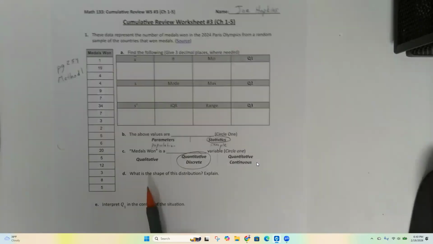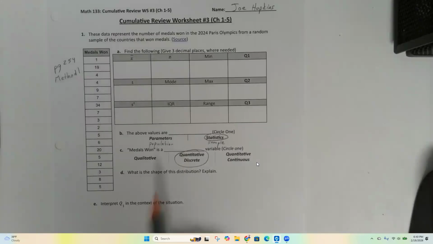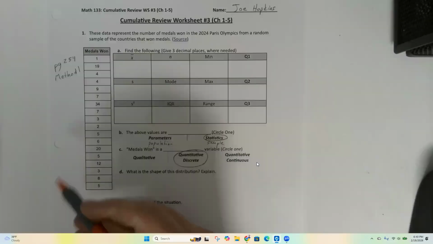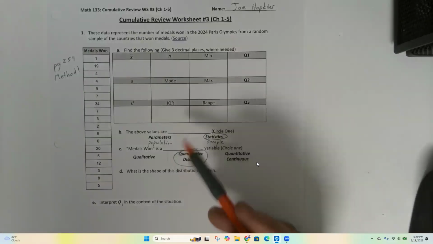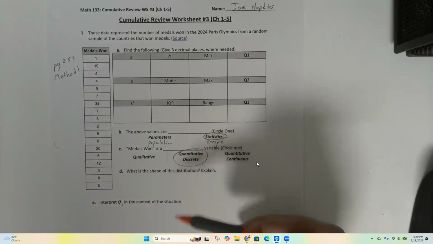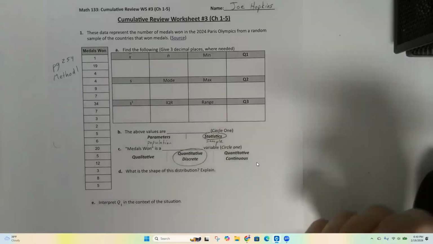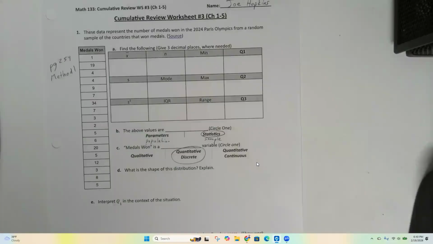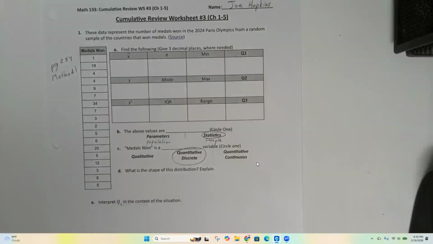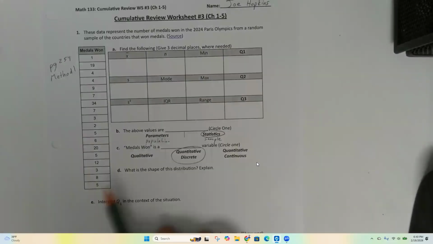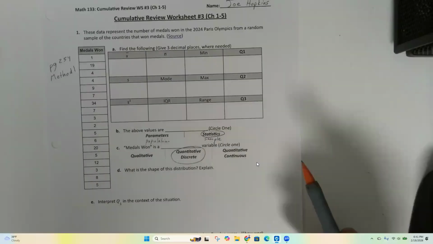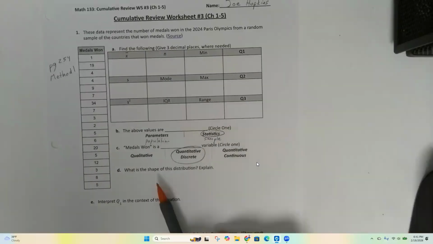Okay, what is the shape of this distribution? So, when we're talking about shape, there were a couple ways you could tell. One is if you had a histogram, you could look at that, right? You can't look at a bar chart if the x-axis is qualitative data, but if you have a histogram drawn, then it's easy to just look at it. We don't have that.